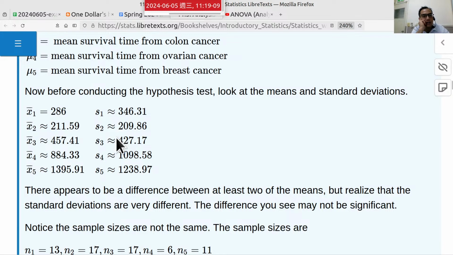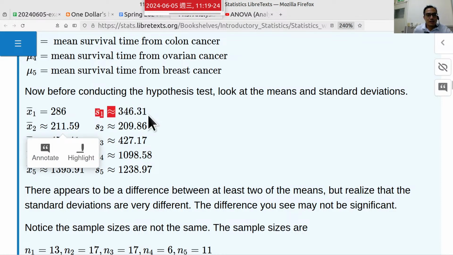that is 286 days, and the standard deviation is very big, so it's not standard, it's variance.